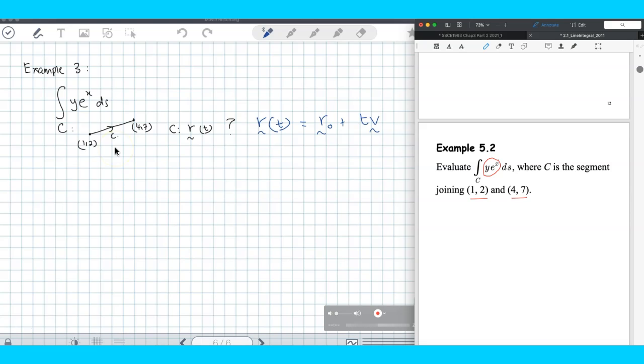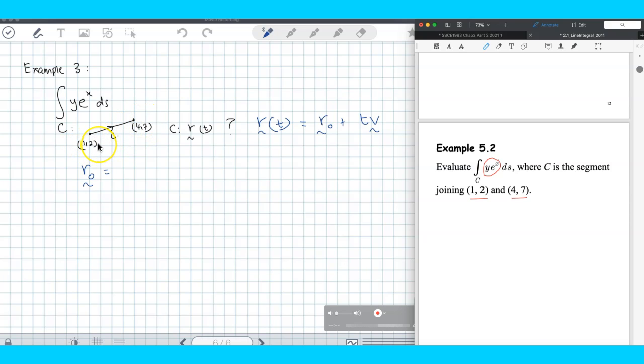How can you get r0 from the curve that you have? So r0 is the position vector. How can we get the position vector? Since you have two points here, the point (1, 2) or the point (4, 7), from a point we can have r0, which is a vector. Because you have two points, you can choose either one.